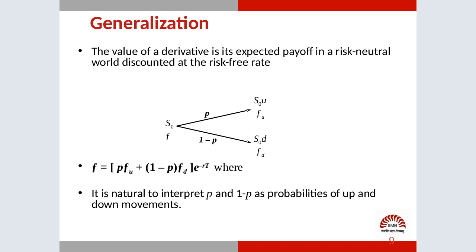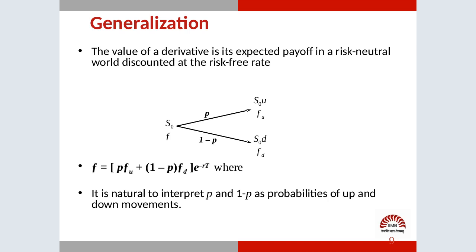How do I calculate the P? Well, to calculate the P, I do one thing. On one hand, you can reach a price of S0U with a probability of P, and the price of S0D with a probability of 1 minus P. Therefore, what is the average price in that case? Let me write this down.